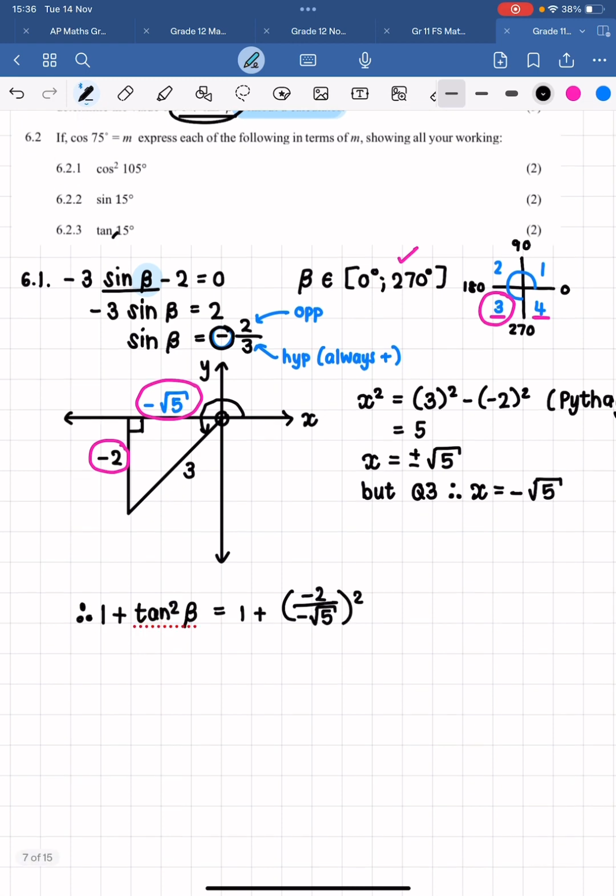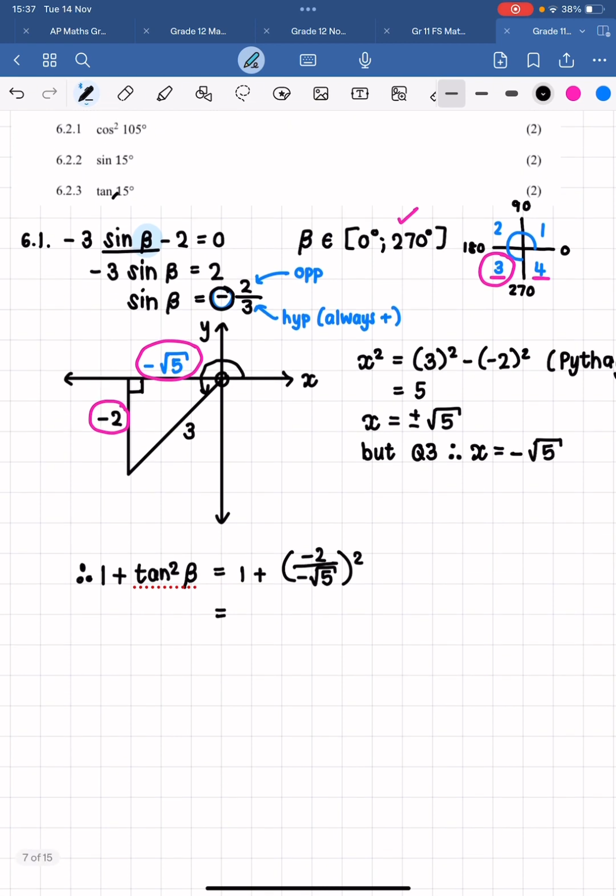You can leave those minuses out in the beginning already if you see that they're going to cancel out, or if you just see that we are squaring this whole fraction, so everything is going to be positive. So we are left with 1 plus 4 over 5 if we square both of those. And that is then equal to 9 over 5.